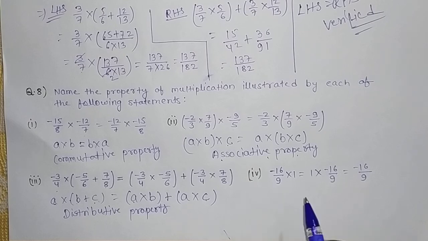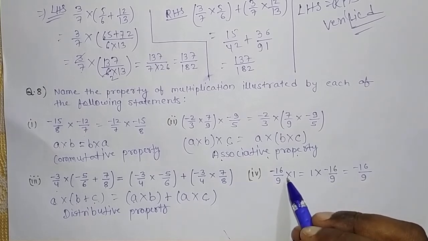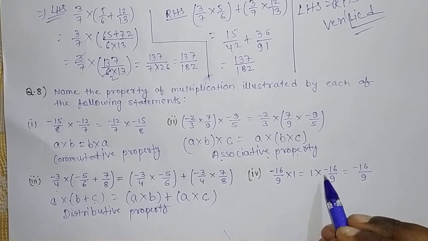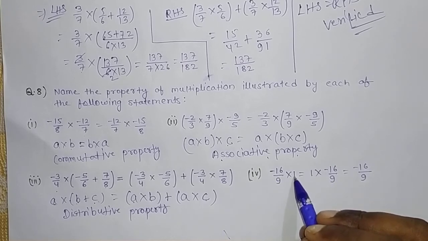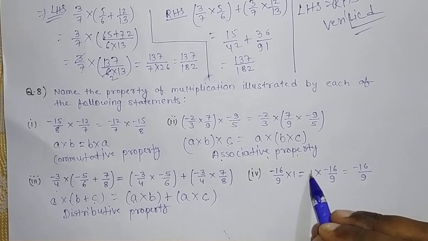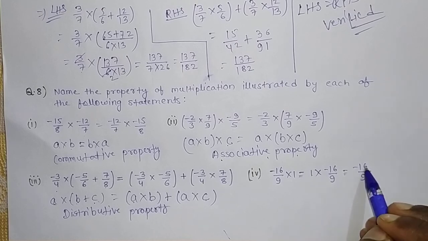Now question number 4. Minus 16 upon 9 into 1 equals 1 into minus 16 upon 9. So here 1 is multiplied with minus 16 upon 9 in both cases. Again this equals 1 into minus 16 upon 9. Simply the number is multiplied by 1. This equals minus 16 upon 9.